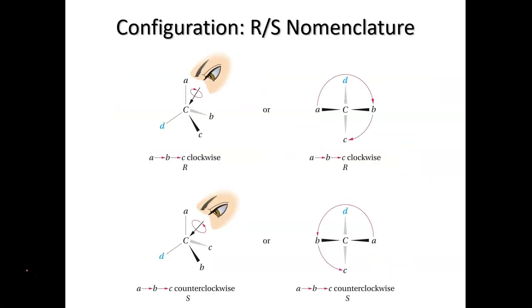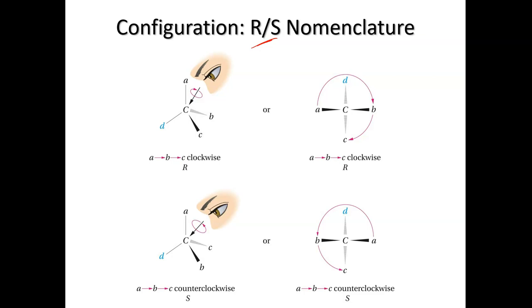So the next thing we're going to do is talk about R and S nomenclature. This is a kind of similar idea as the D and L nomenclature that talks about the rotation of light, but that's a physical property. That's actually something that light will change based on how it's going through. This is a naming process. So we don't necessarily know how light is going to be influenced by this molecule or compound, but we're just using the system to name it in order to understand how to draw it out properly.